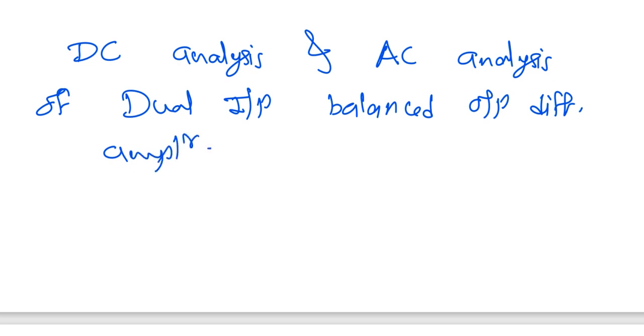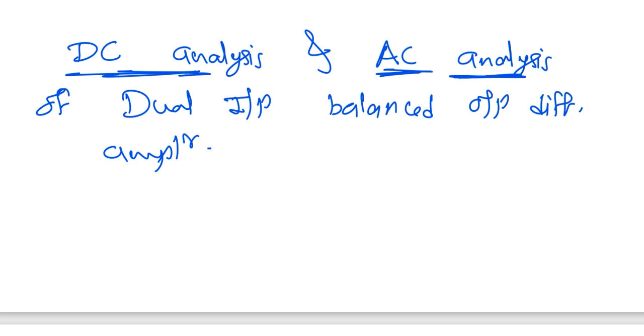So what is the purpose of DC analysis? What will we get by doing DC analysis, and what will we get by doing AC analysis? This question must come to your mind whenever you look at some topic.